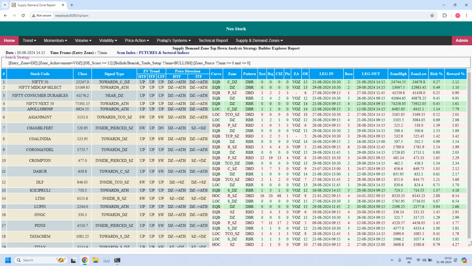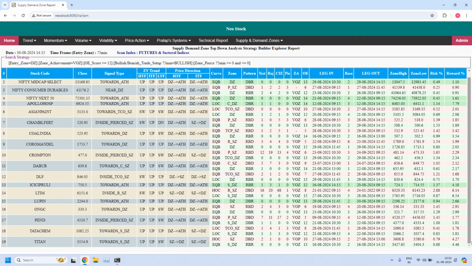Nifty 50, Nifty Midcap Select, Nifty Next 50 are also there in this list. Let me scroll. So a total of 19 stocks are filtered. Let's verify out of these 19 how many of the stocks are having LTF and ITF confluence. That is 75 minutes and daily zone confluence.